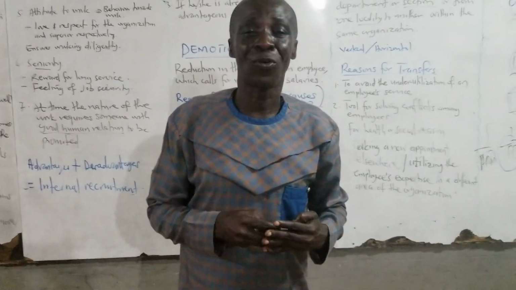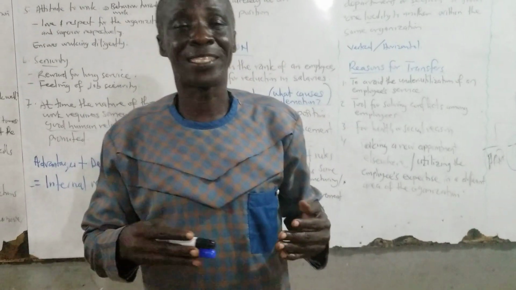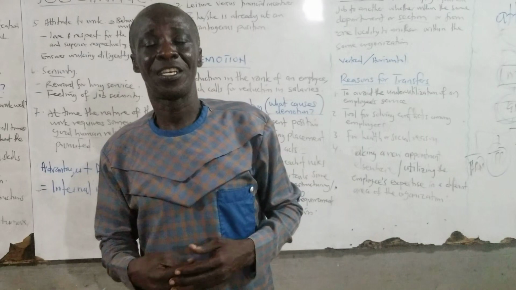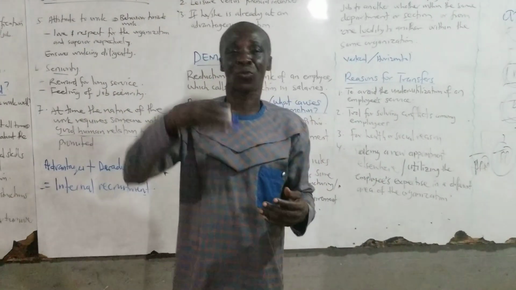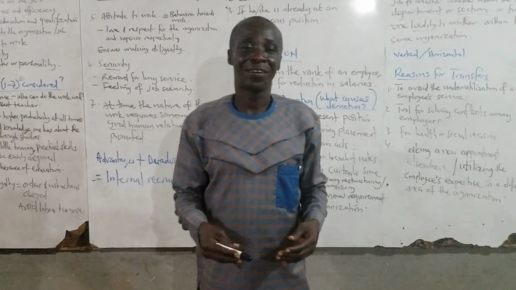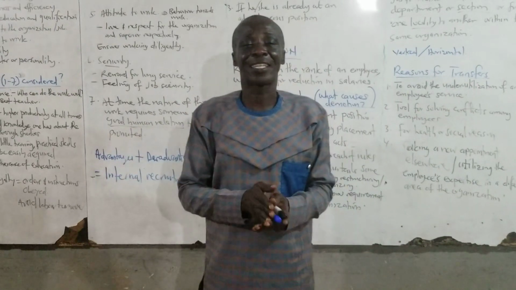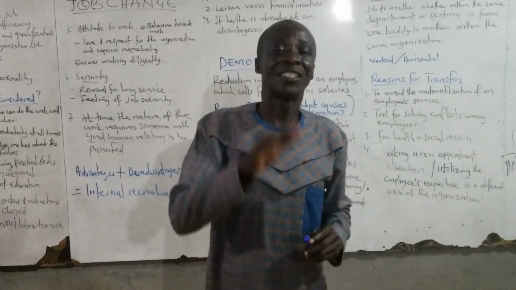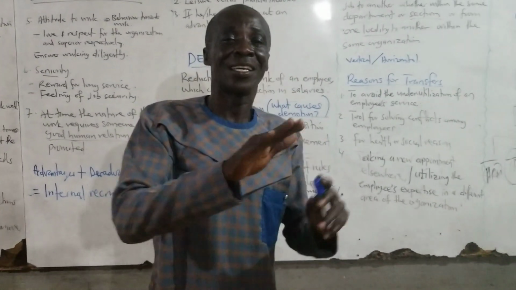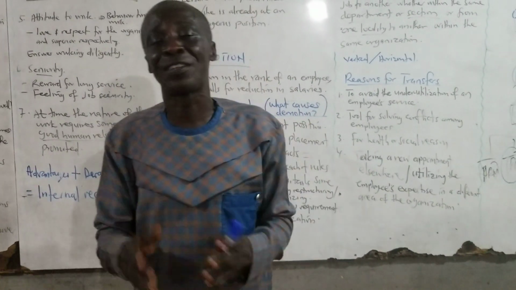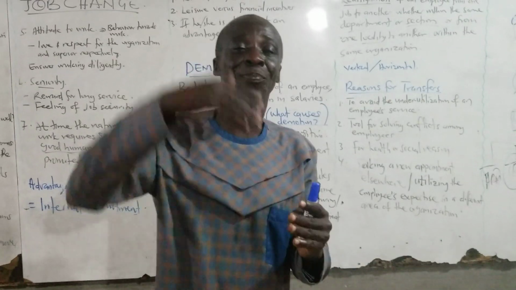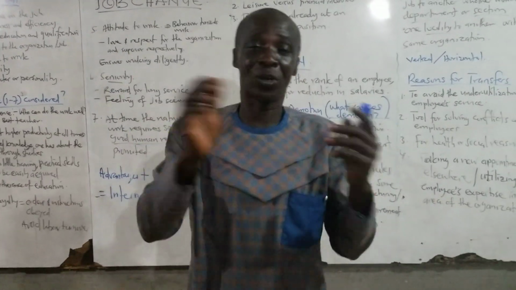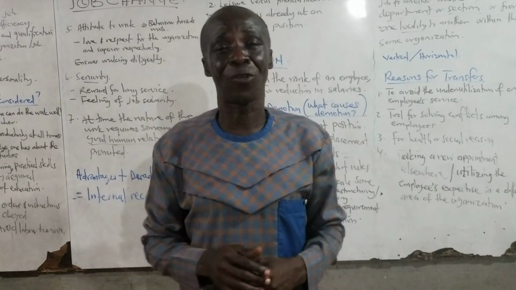For example, let's say the person is a headmaster or a headmistress. If you want to promote the person, he will have to become a director. Now, if the person thinks that where he or she is as the headmaster, he or she prefers that one because there are certain incentives he might not get as the person is moving to a higher rank as a director or district director or whatever, the person may not accept it.